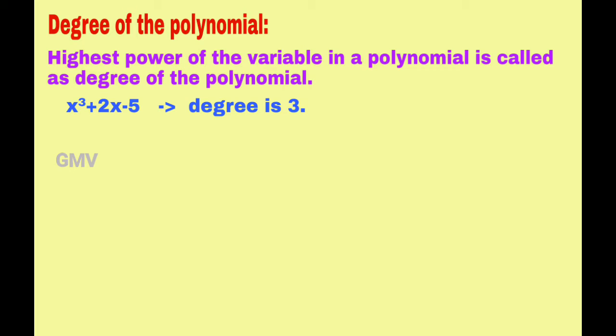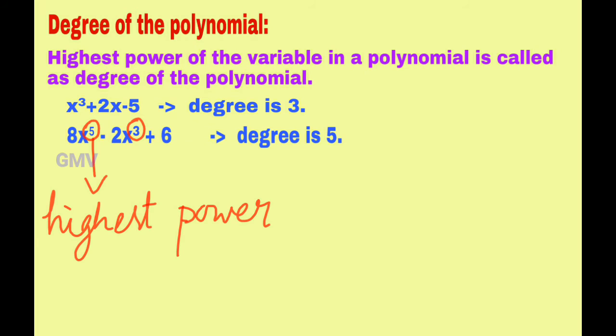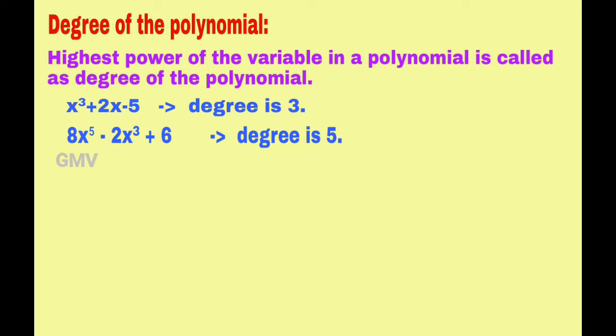Take the polynomial 8x power 5 minus 2x cube plus 6. Here the power of x in 8x power 5 is 5 and power of x in minus 2x cube is 3. Hence here the highest is 5. So the degree of this polynomial is 5.